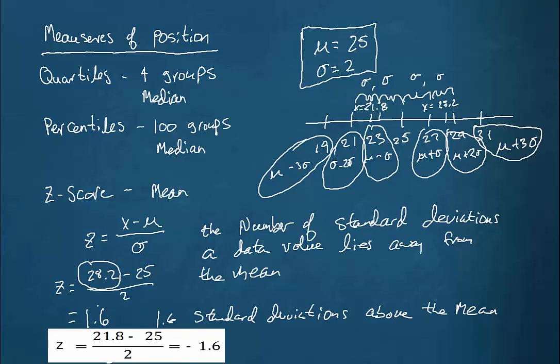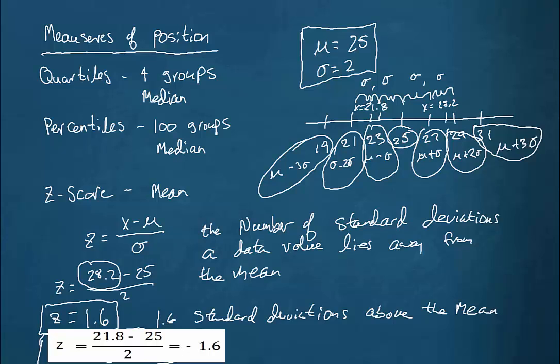Now, we had a positive 1.6 z-score here. This time we have a negative 1.6 z-score here, but that's not surprising because 21.8 is to the left of the mean. The mean is 25.